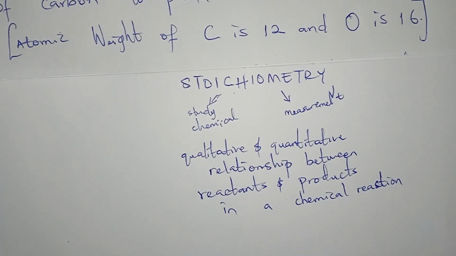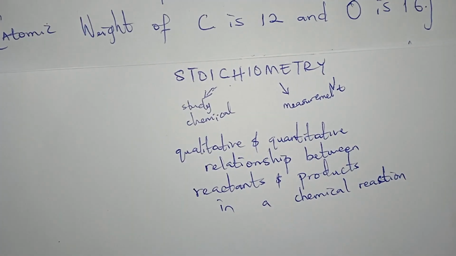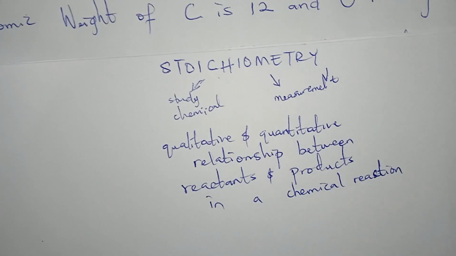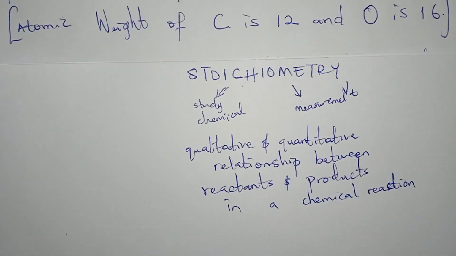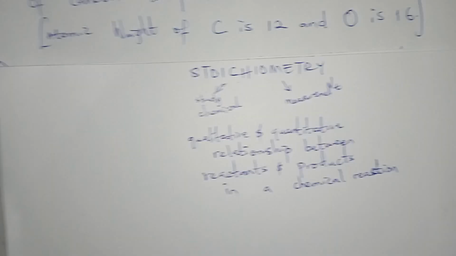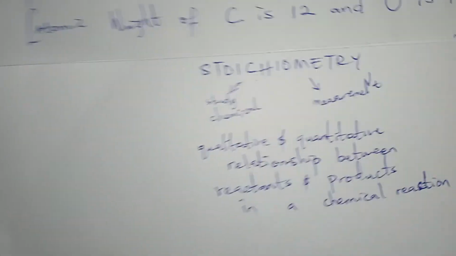So it is the qualitative and quantitative relationship between reactants and products in a chemical reaction, or you can say it's the measure of reactants and products in a chemical reaction. So once you know this, we need to treat questions today.